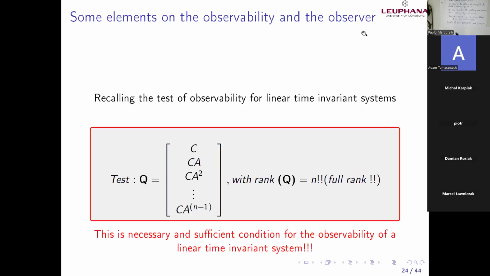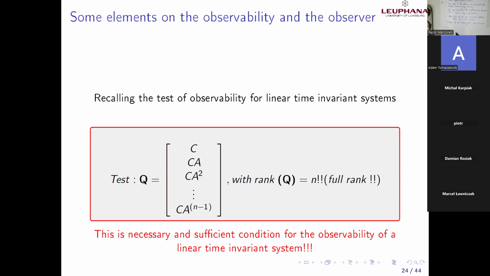This is the test, which is also a theorem, because it is a necessary and sufficient condition for the observability. Of course, it depends on how many variables I measure.